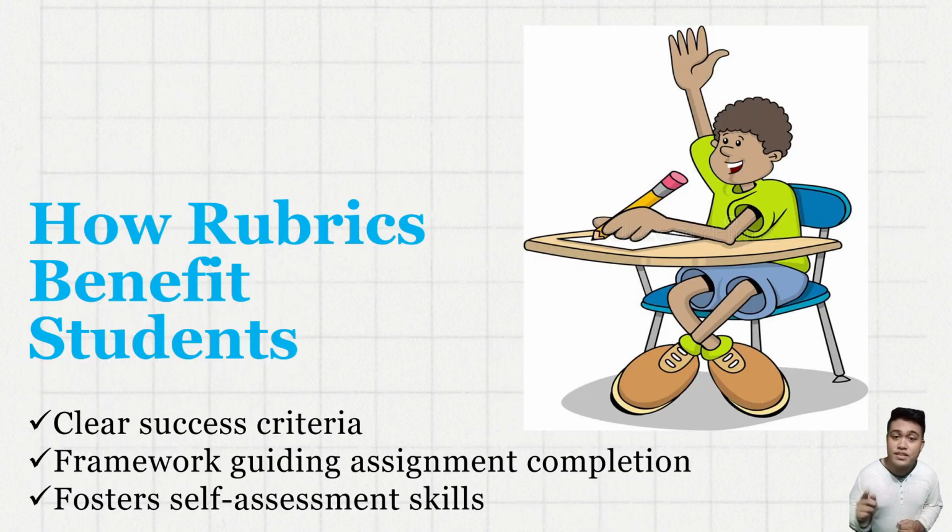From a student's perspective, rubrics are valuable because they outline clear expectations, making it easier for students to understand what is required for success. Rubrics provide a framework that guides them through the assignment, helping them focus on specific goals.